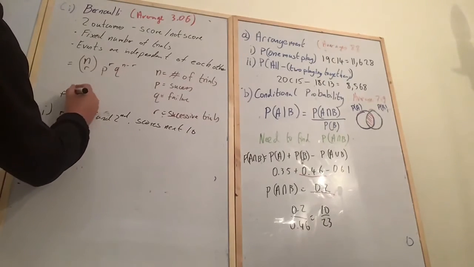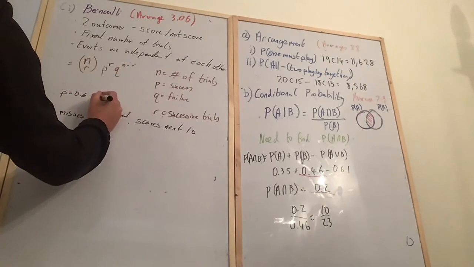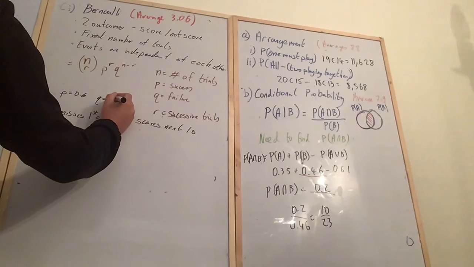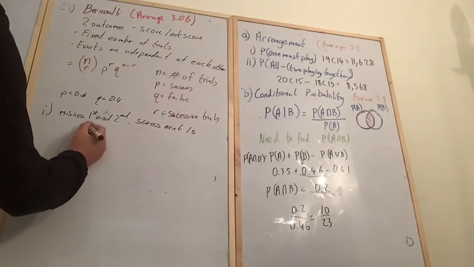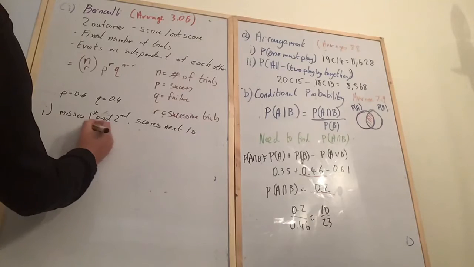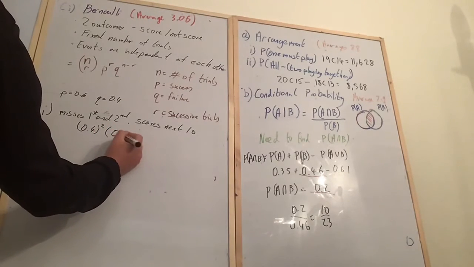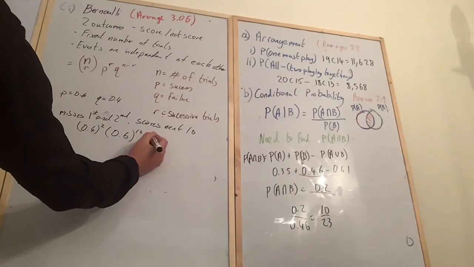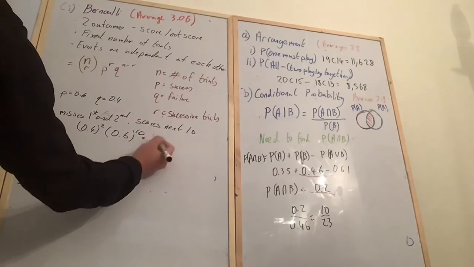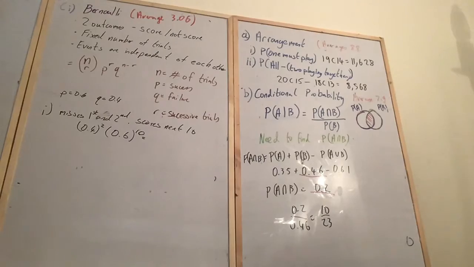If he scored, it was 0.6. If he missed, he failed, it's 0.4. So it's 0.4 squared because it's 2 events, and, which means we multiply, 0.6 to the power of 10 on your calculator.